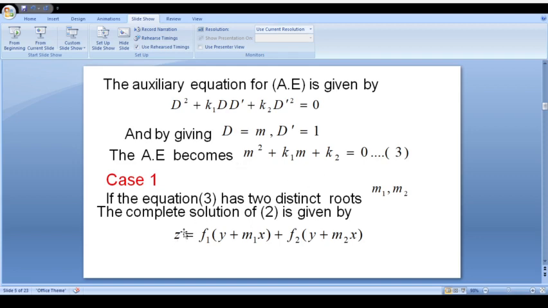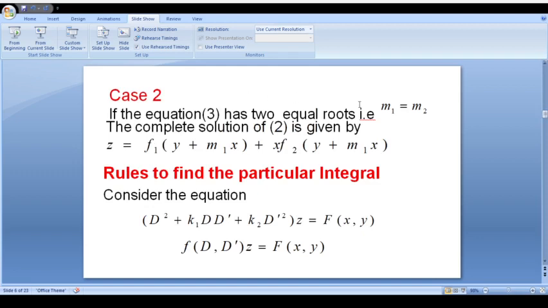Then the complementary function, our complete solution, is given by z is equal to f1 of y plus m1 x plus f2 of y plus m2 x. So this is the complete solution when m1 and m2 are two distinct and real roots. This is case 1.